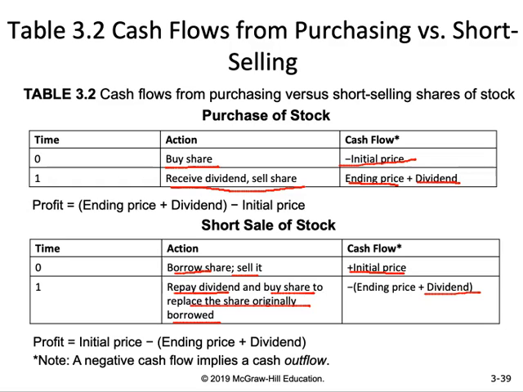That'll come out of our margin account. And of course, the ending price: when we cover, or close out that short, covering means that we have to buy, and that costs us money at the ending price, ending cash flow. So that's a negative cash flow. So you can see that the purchase begins with a negative cash flow and ends with a positive. Short sale begins with a positive cash flow and ends with a negative.